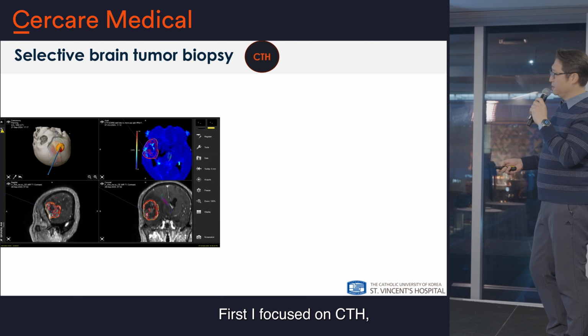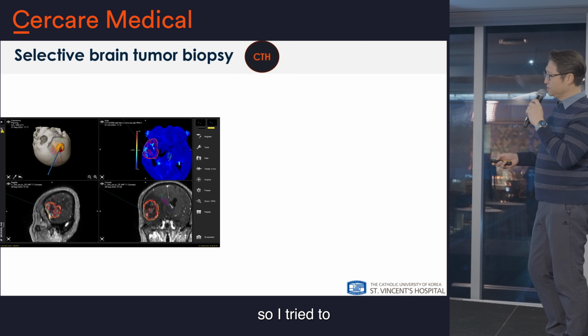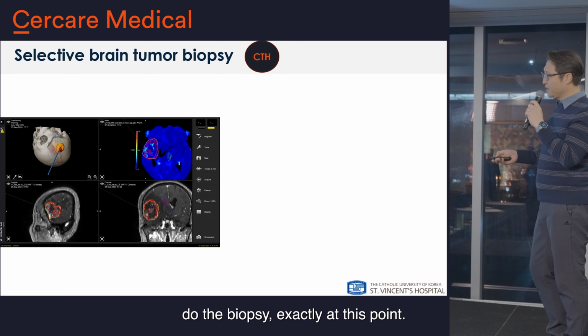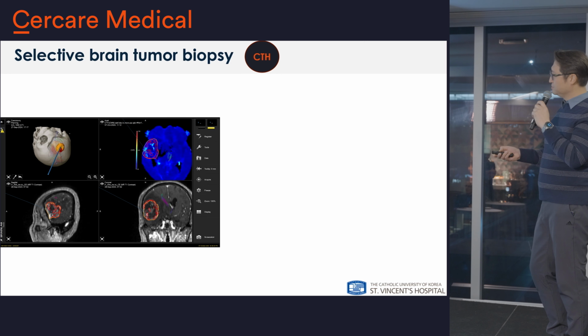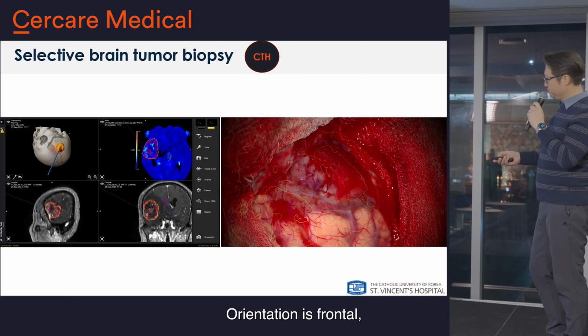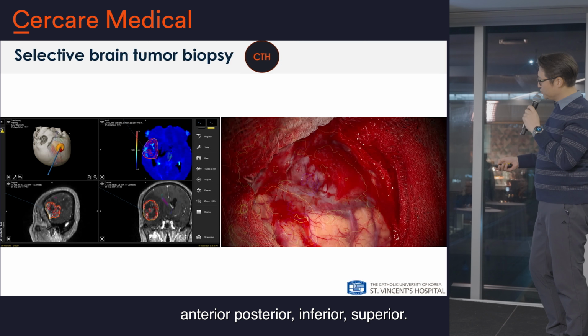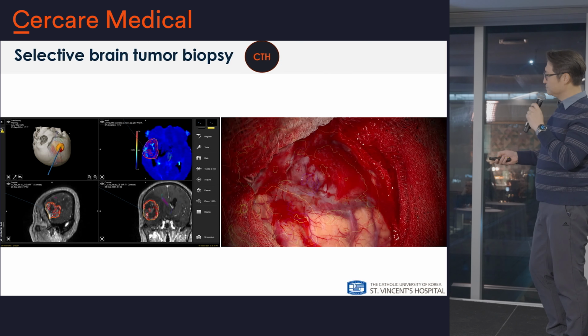First, I focused on CTH, so I tried to do the biopsy at exactly this point. This is the surgical video. Orientation is frontal, anterior, posterior, inferior, superior. This point.